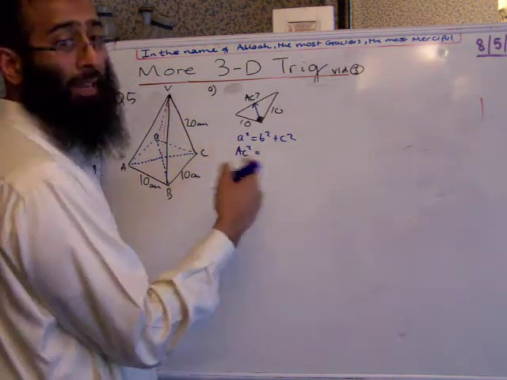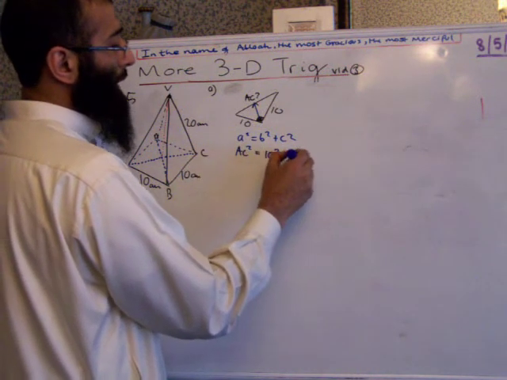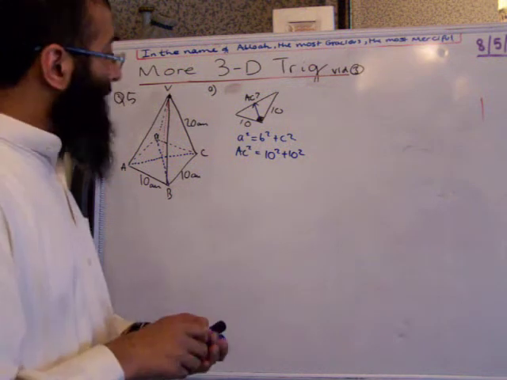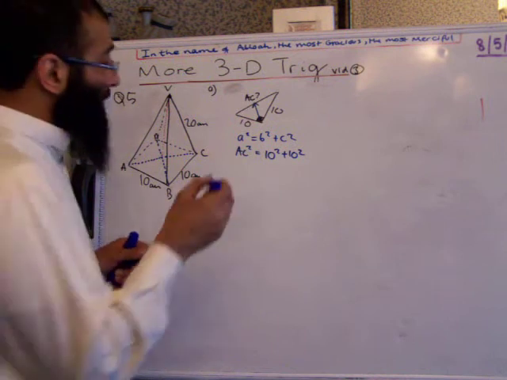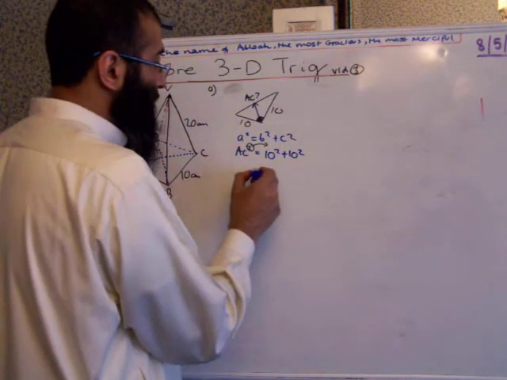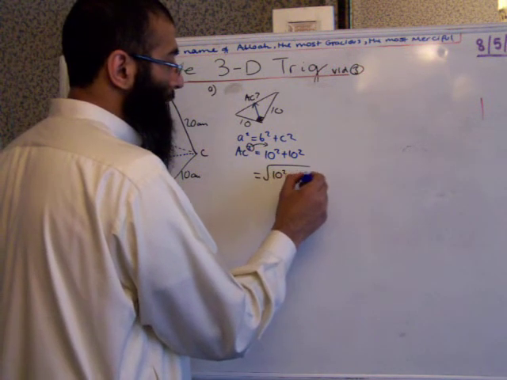Now b and c can be any of the two other values in any order. So we've got 10 squared, 10 squared. Now we want to work out AC and not AC squared, so for that reason we need to move the square sign over. The opposite of squaring AC is to square root the right hand side.